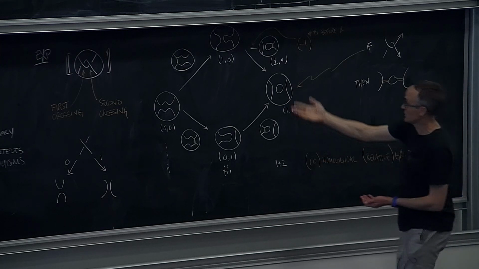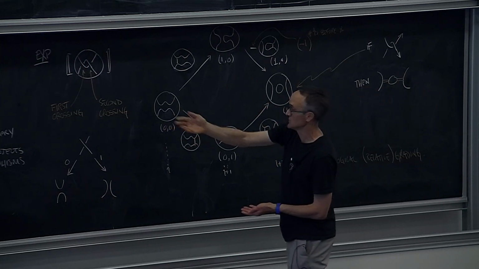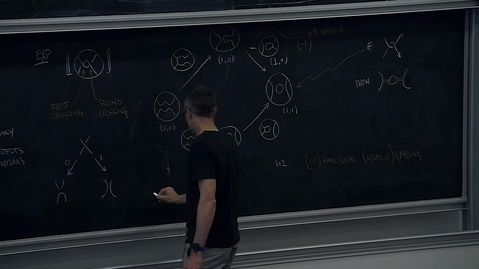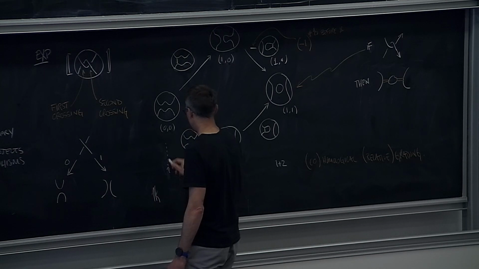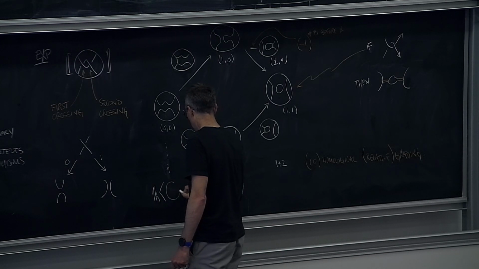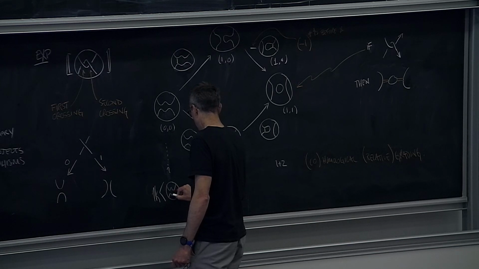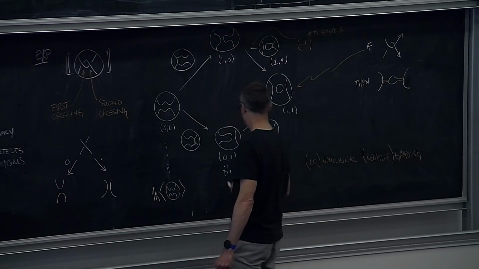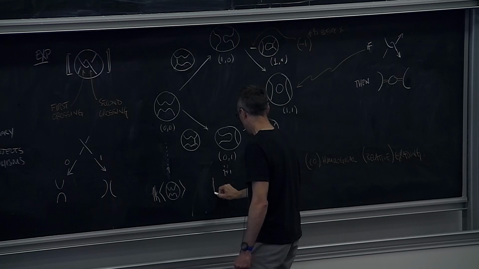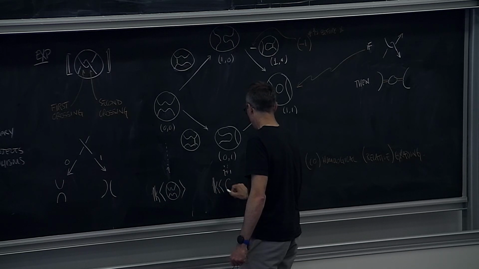But then what's happening when I try to write this in terms of the matrix closure? Well, I've got some k vector space generated by a single picture. But here I've got a k vector space, and it's generated by a pair of pictures.